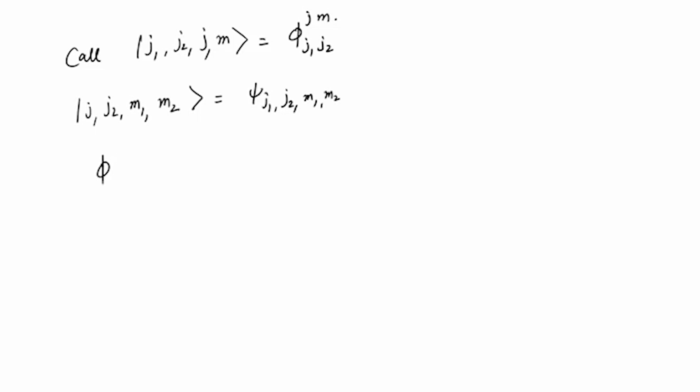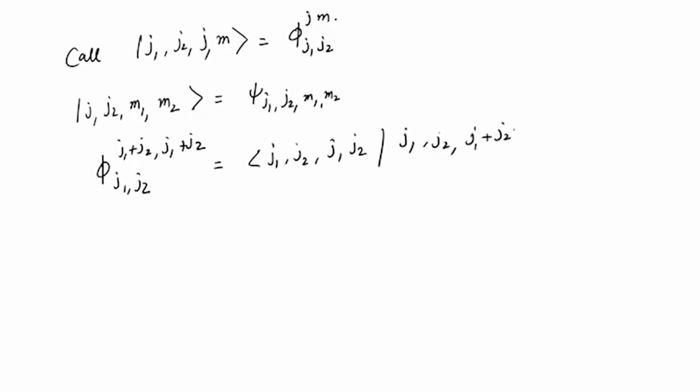So your phi of j1, j2 and j1 plus j2, j1 plus j2, that is the maximal state, is equal to j1, j2 and j1, j2, and then you have this psi, which is j1, j2, j1, j2. So we are writing the maximal state.